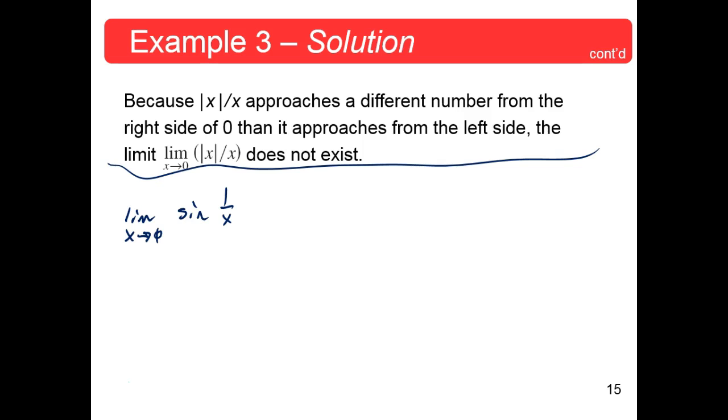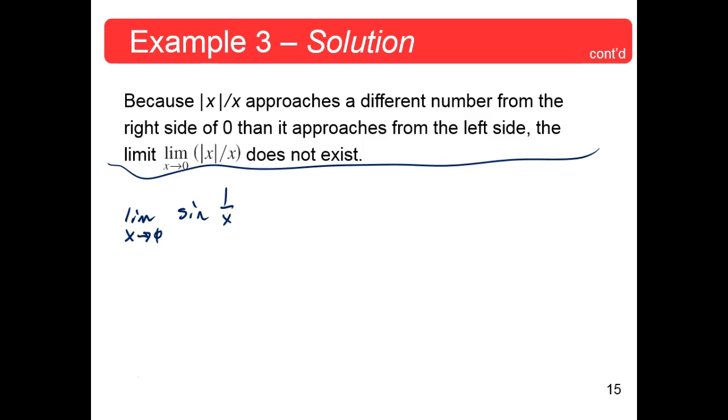What's the limit of that? X approaches 0. Where's 1 over x going? 1 over 0 is? Undefined. Never happens. Can't happen.